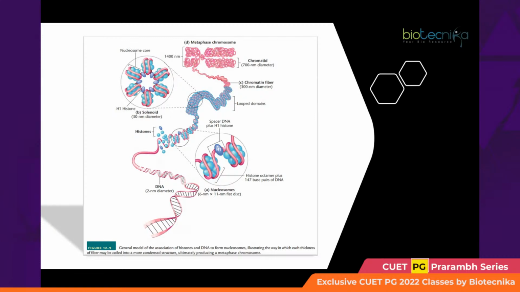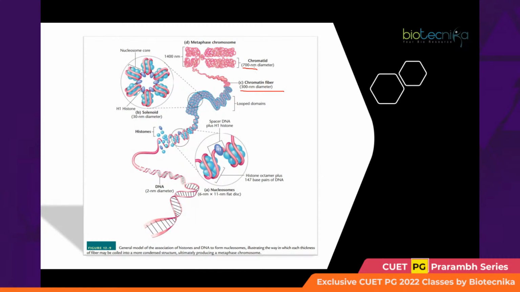That 30 nanometer fiber will be present in a solenoid form like this, like a circle, a flower, with the help of non-histone proteins as well. And that will result in the ultimate compaction of a chromosomal arm, which is around 70 nanometer in diameter.